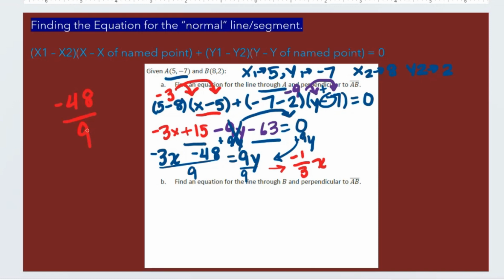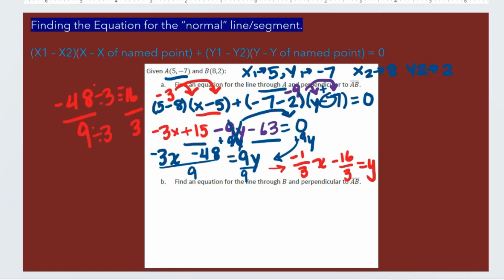Well, I know that 3 goes into both of them. So if you divide the numerator and the denominator by 3, negative 48 divided by 3 is 16. 9 divided by 3 is 3. So this fraction simplifies to negative 16 over 3. And that would be the equation that is the normal line or segment.